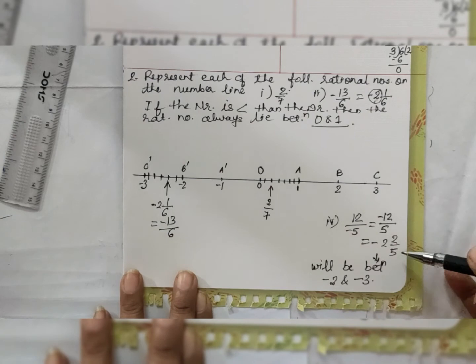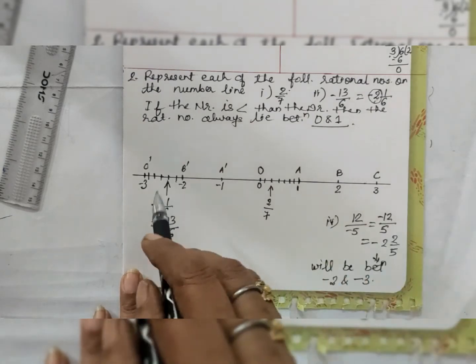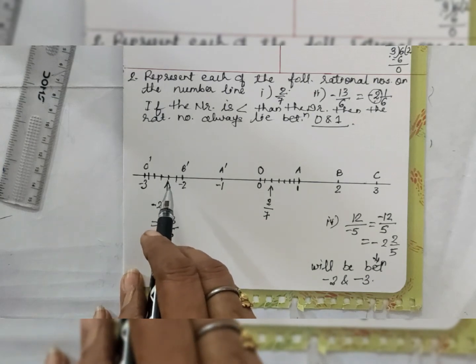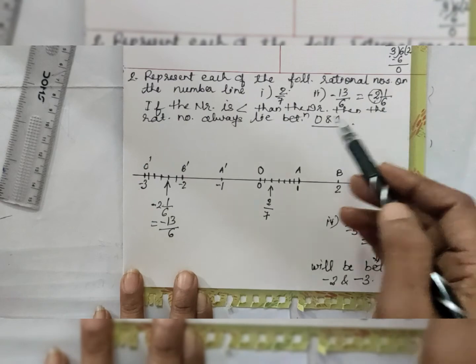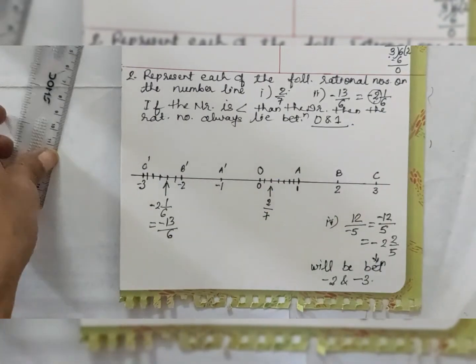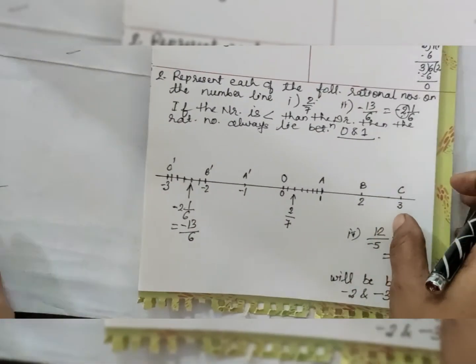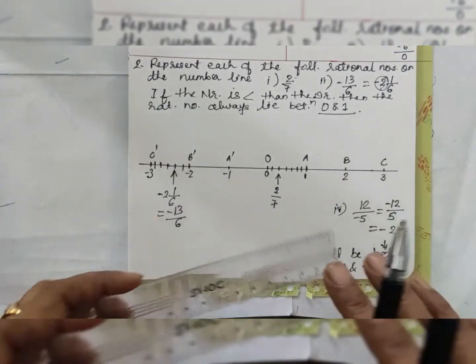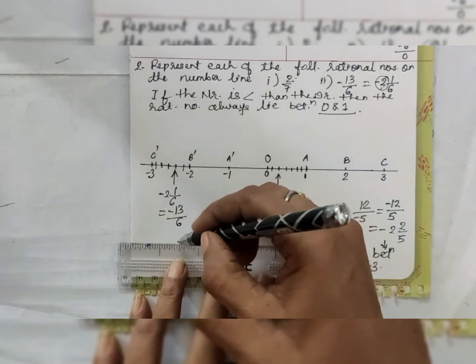Now children, how many equal parts are here? 5 equal parts are there. So here we have already represented one rational number where the equal parts were 6.